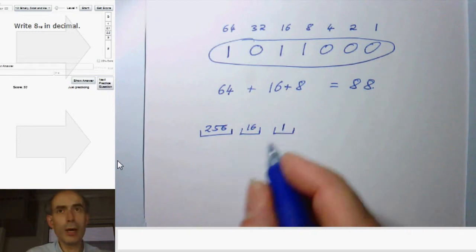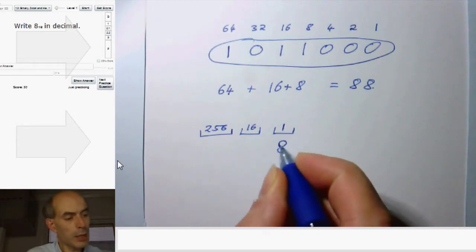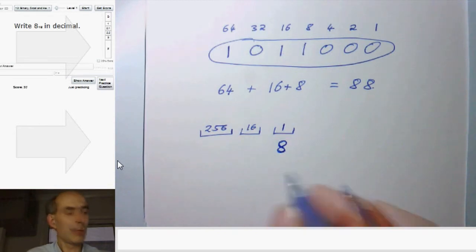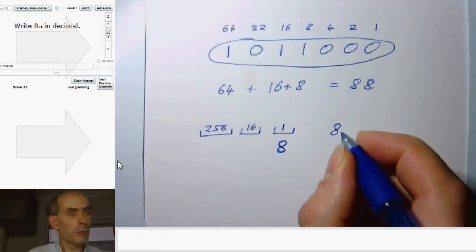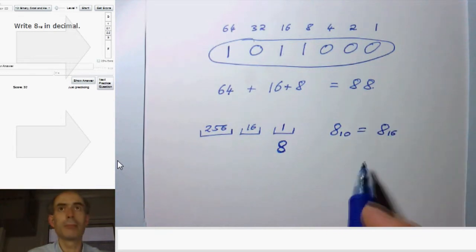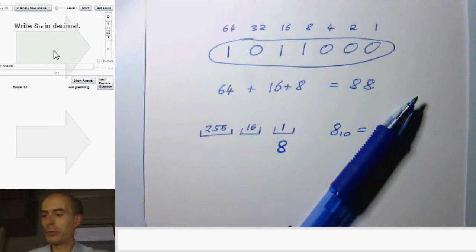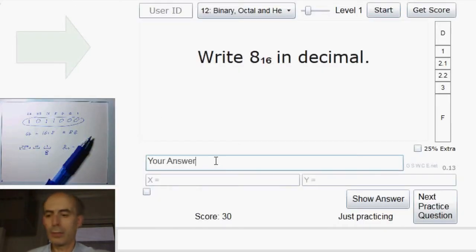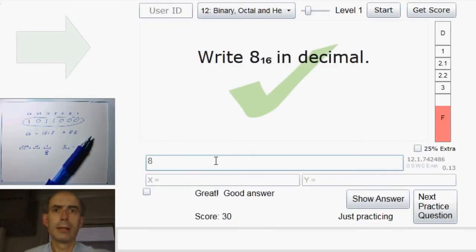The only way to do that is to put an 8 in the units column. And that's it. 8 in base 10 is equal to 8 in base 16. So all I have to do is type in 8. They're not all that easy.